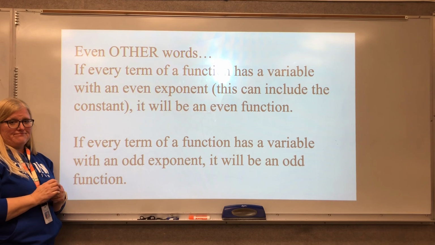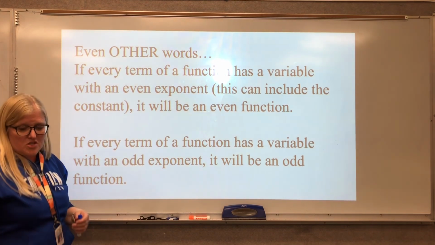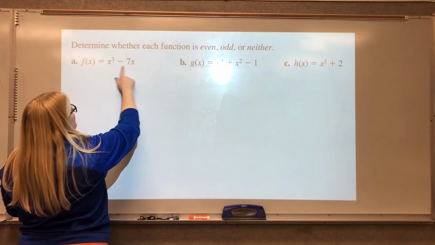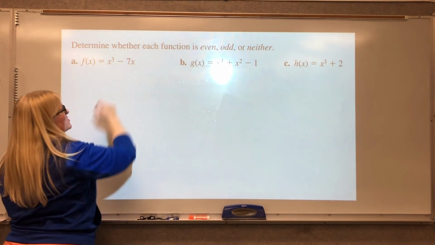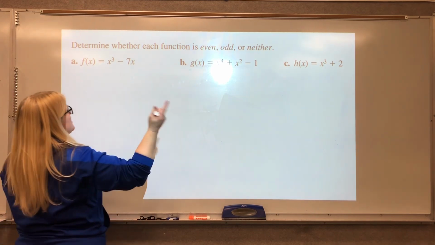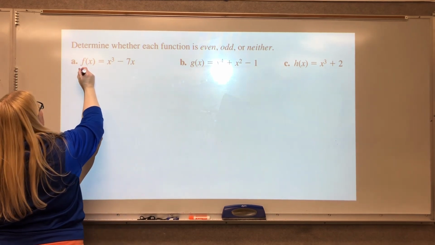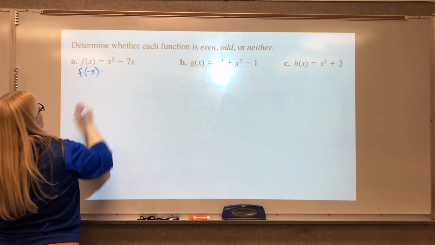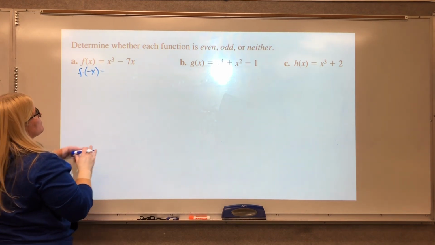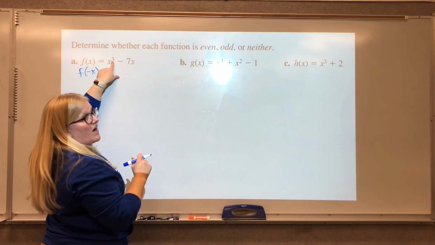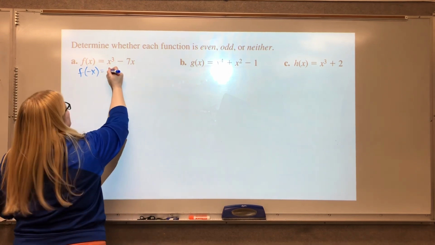Okay? So let me show you. Look at this function, x to the third, x to the first. So it's odd. But let's prove it. So I'm going to reflect it over the y-axis. And when I replace a negative x into something with an odd degree, remember it changes the sign.